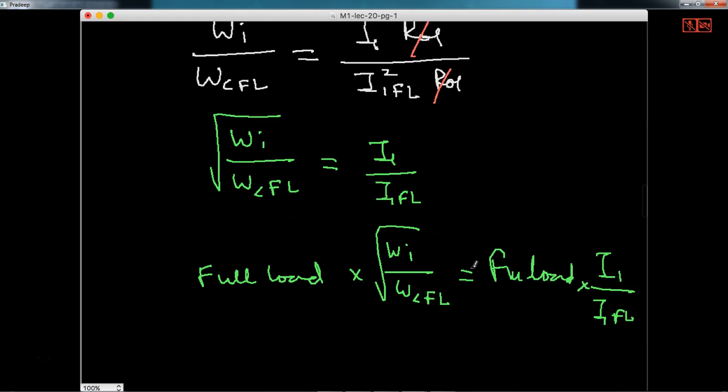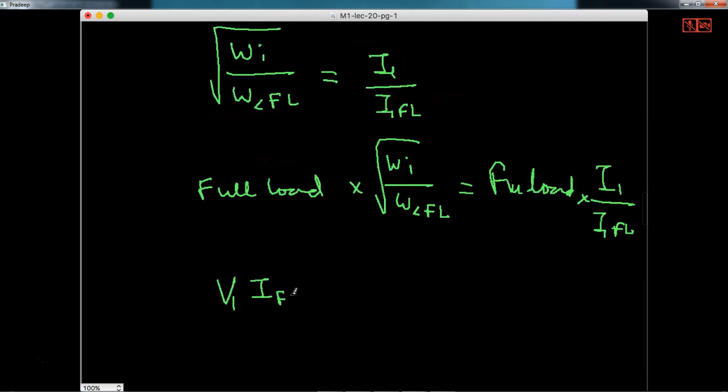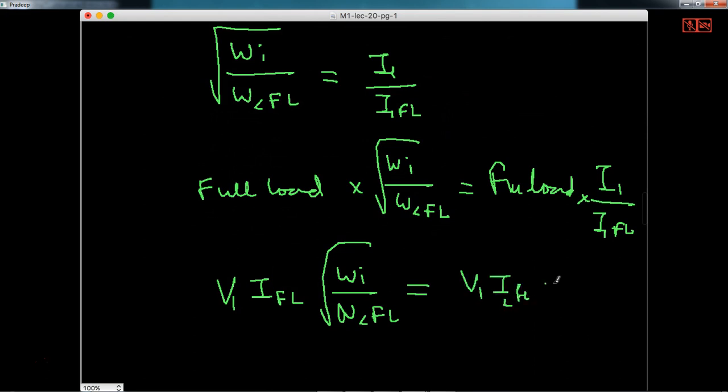This quantity is nothing but V1 into I full load multiplied by Wi by Wc full load, which is equal to V1 into I full load into I1 by I1 full load. Here these two will get cancelled. So V1 I1 is nothing but the amount of load, and V1 IFL is the full load.